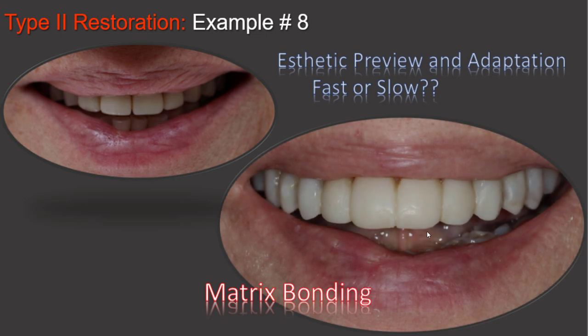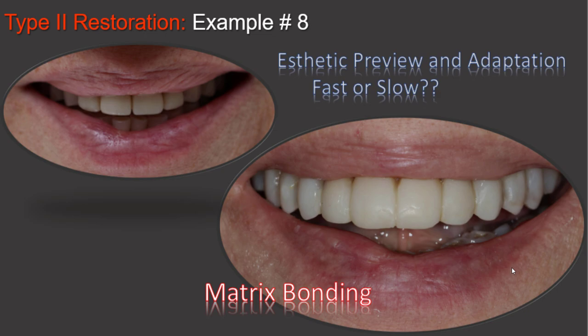And again, you can see the patient after a few weeks is even smiling a lot bigger because now she actually likes her teeth. But the question is, are they too big? Are they going to be okay? And it gives the patient time to start to get used to this. Some people are fast adapters, some people are slow adapters. And again, if you can give them a little more time with the matrix bonding, then we go to our provisionals and even our final restorations, which we're going to show you provisionally cemented.